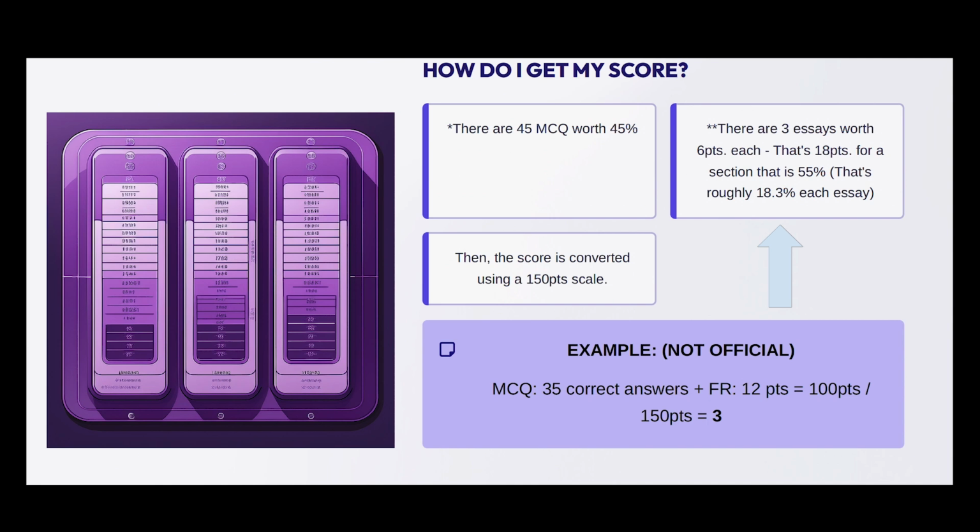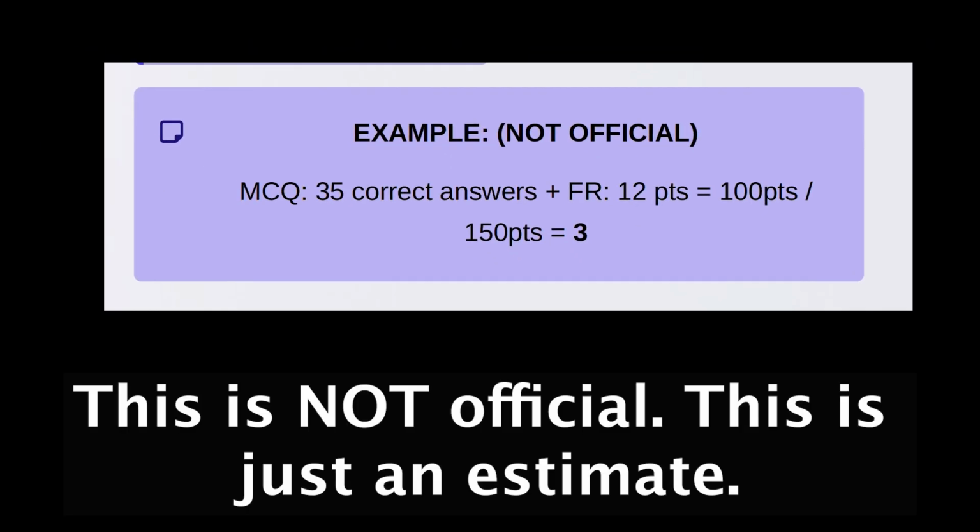Then the score of the multiple choice question section and the essay question is converted into a scale that goes from 0 to 150. For example, let's suppose that you get 35 correct answers in section 1. That's 35 out of 45. You still have a few mistakes, but it's not a bad section. And let's suppose that in the free response section, the essay writing section, you get 12 points.